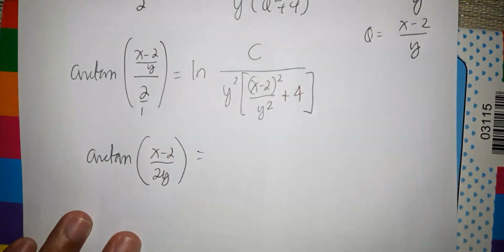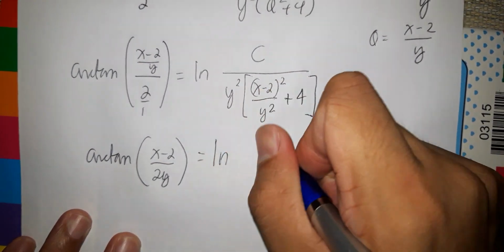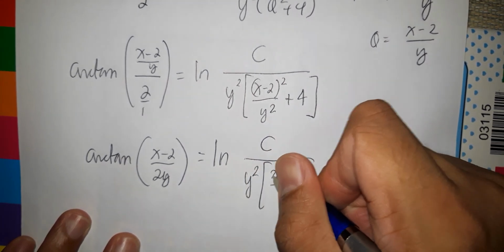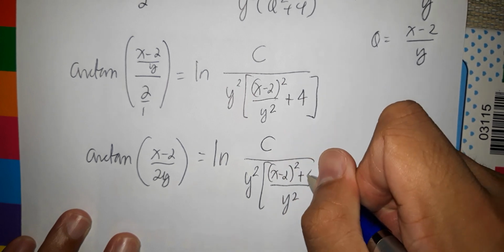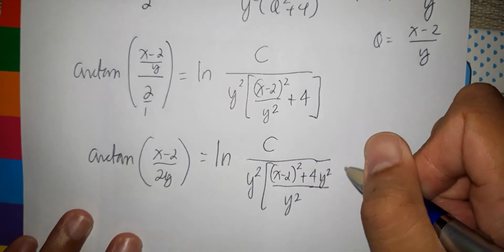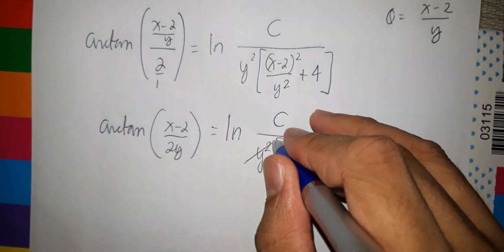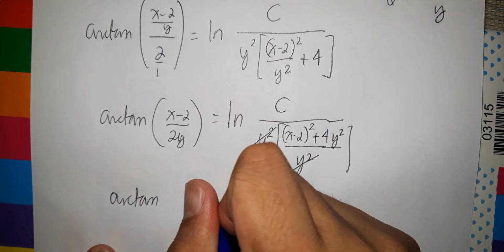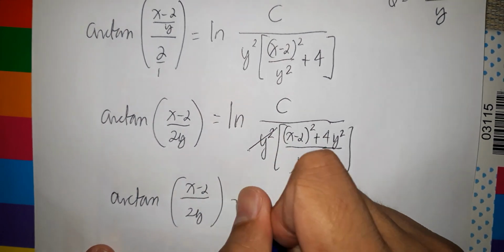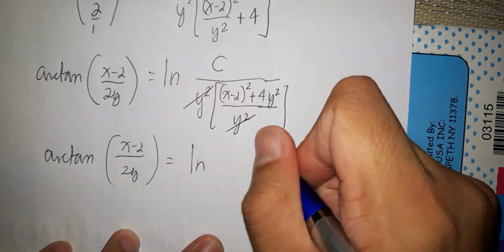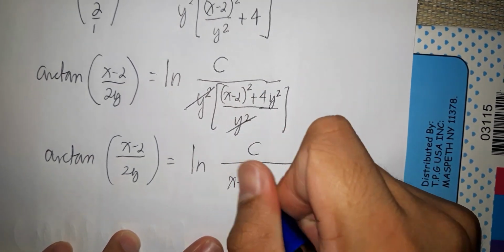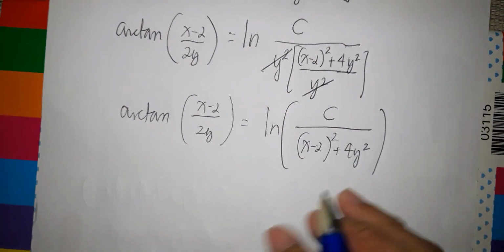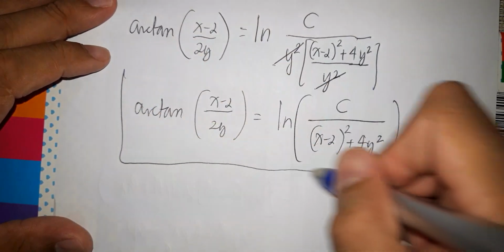So multiply this by the reciprocal of your denominator. ln c over y squared times the quantity, LCD is y squared, so x minus 2 squared plus 4y squared. So that y squared cancels out, gives arctangent x minus 2 over 2y equals ln of c over x minus 2 squared plus 4y squared as our general solution.